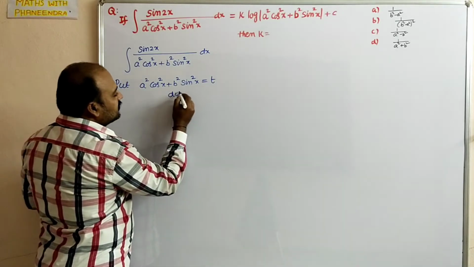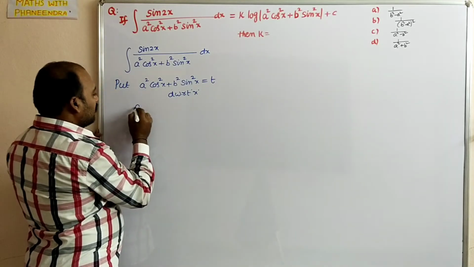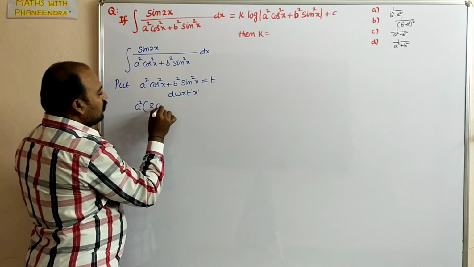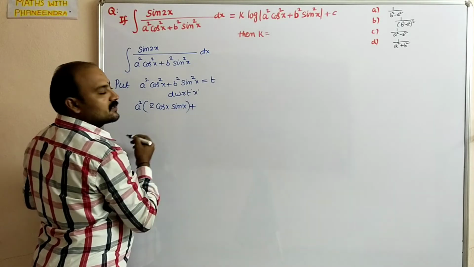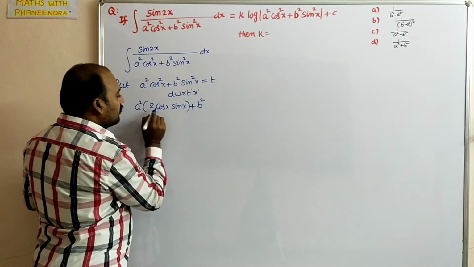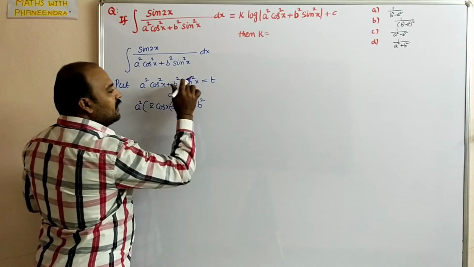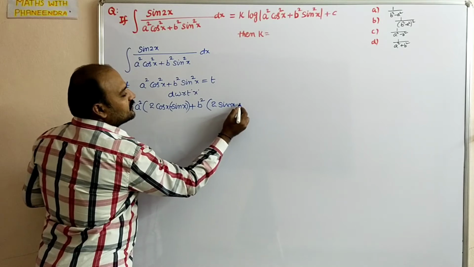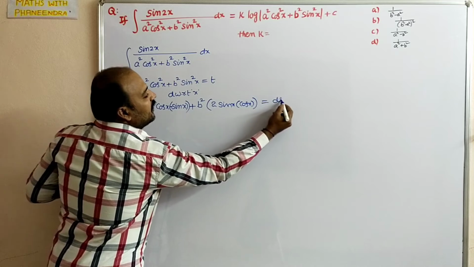Differentiate with respect to x. So a square into d by dx of cos square x, 2 cos x into sin x derivative, which is minus sin x, plus b square into sin square x derivative, 2 sin x, again sin x derivative is cos x, is equal to dt by dx.